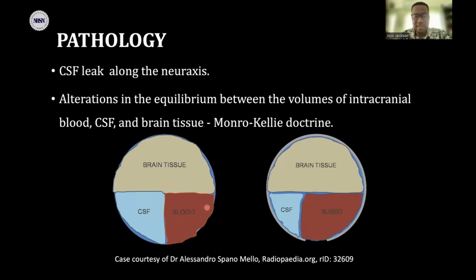So if there's any loss of volume of any of these 3 components, then the other 2 components must necessarily expand to keep the equilibrium intact. So in the case of SIH, where the CSF is being reduced, definitely the brain tissue cannot expand or be added on.